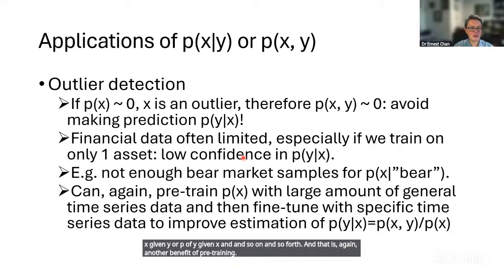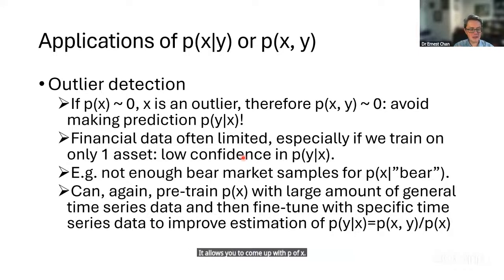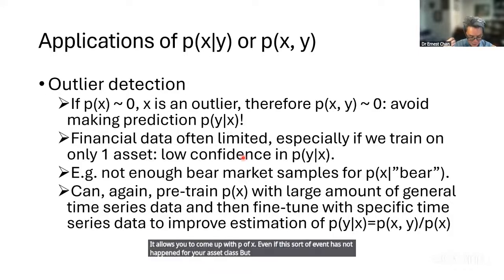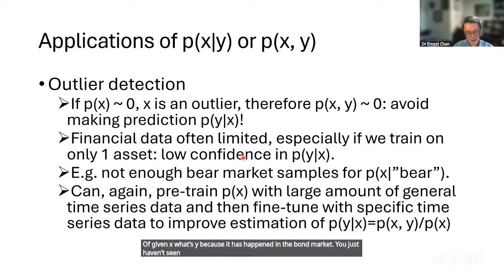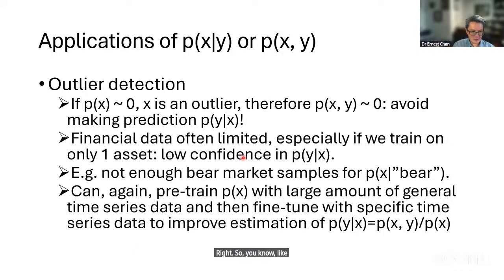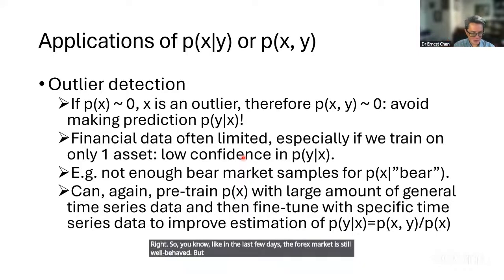It allows you to come up with P of X, even if this sort of event has not happened for your asset class. Maybe you're trading Forex and you have never seen this, but it has already happened in the bond market. So you will guess what is the consequence, given X, what's Y, because it has happened in the bond market. You just haven't seen it in the Forex market yet, and so on and so forth, right? So, like in the last few days, the Forex market is still well behaved, but hey, the stock market has gone berserk, and even the bond market has gone somewhat berserk.